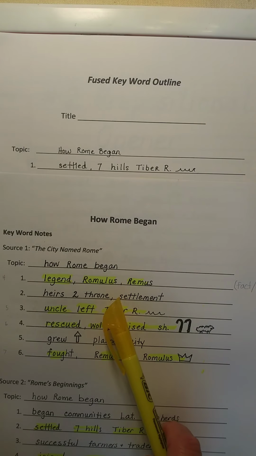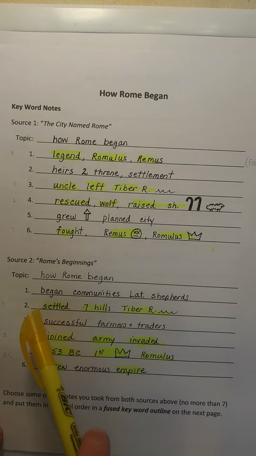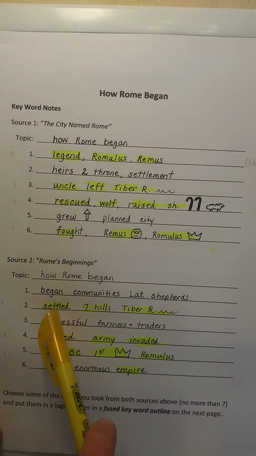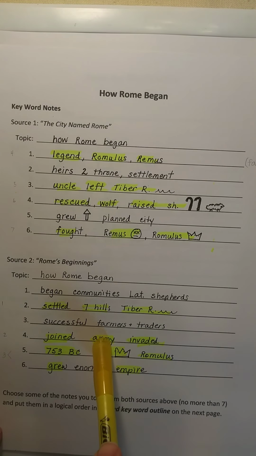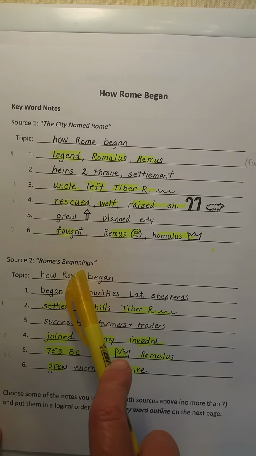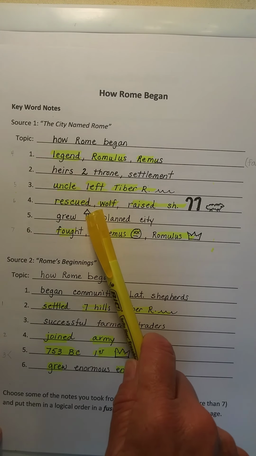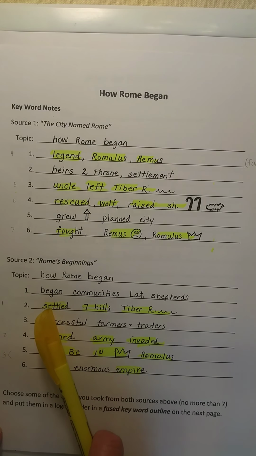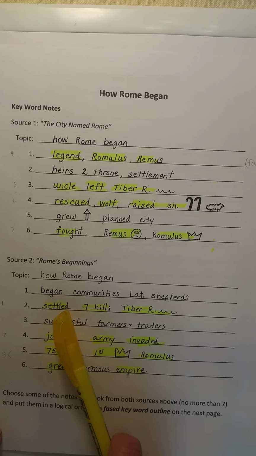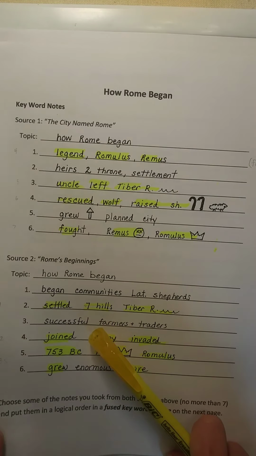So first of all, I decided to start my outline with the historical facts of how Rome began, which came from the source text 2, Rome's beginnings. And then I'm going to end my paragraph with the legend. So first of all, I'm going to talk about how the people of Rome settled on the 7 hills near the Tiber River.